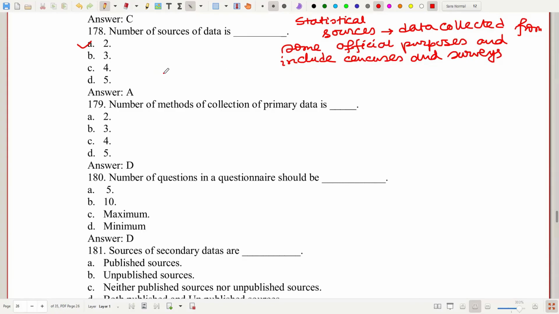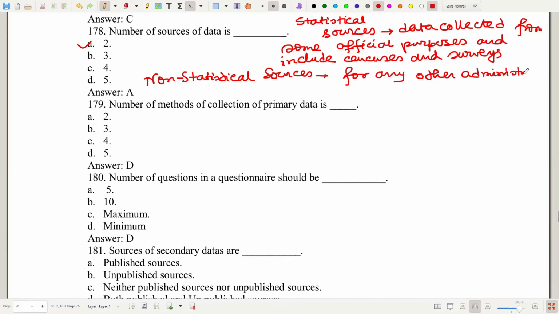Another one is known as the non-statistical sources, and here data that are collected for other administrative purposes, for any other administrative purposes.